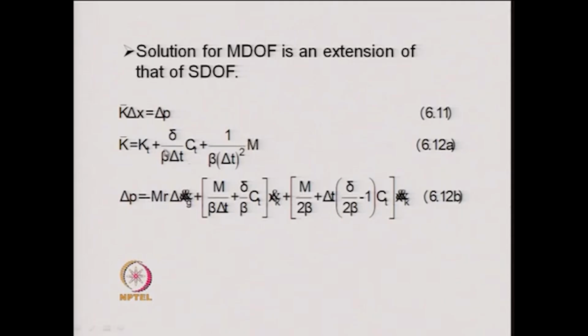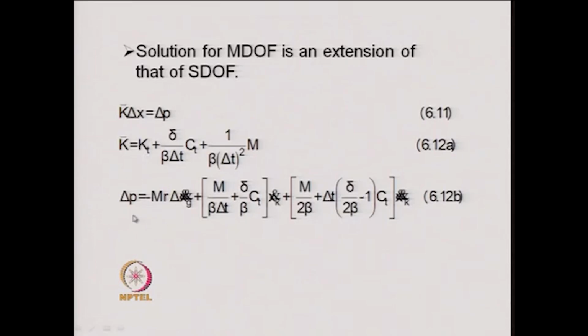In obtaining the Kt matrix, we take care of the yielding of the elements. If an element has yielded, then for the construction of the Kt matrix, we set K equal to 0.